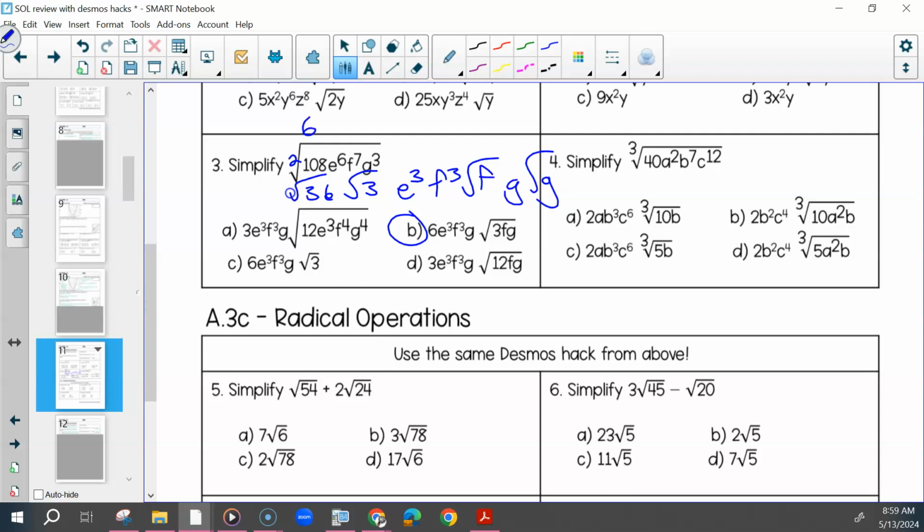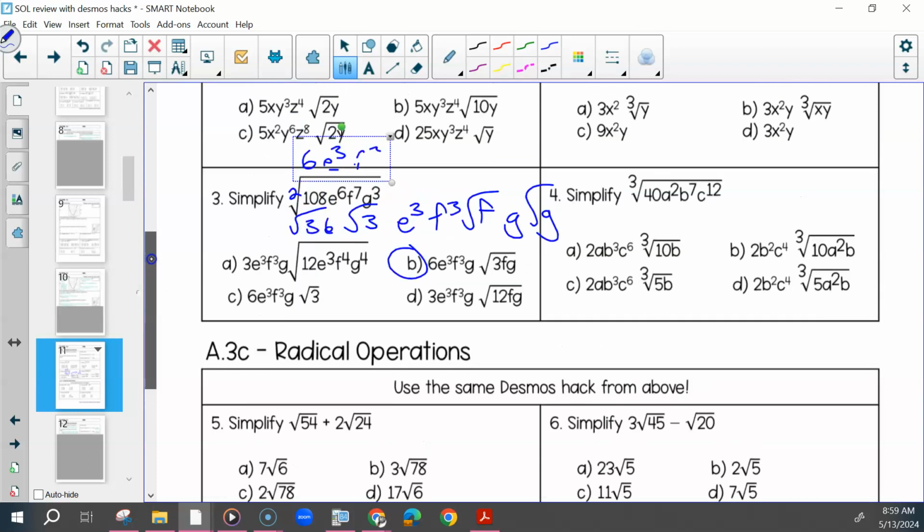On the outside, e to the third, f to the third, and that 1g. So I'm looking for something that matches. And I see they both have that. So it's really what's left on the inside. 3, f, and g. Which would make it g. Questions?